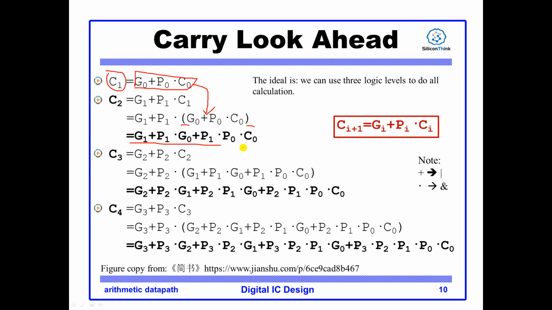So you will get an equation like that. For bit 3 and bit 4, it is something like that, just a little more complex.